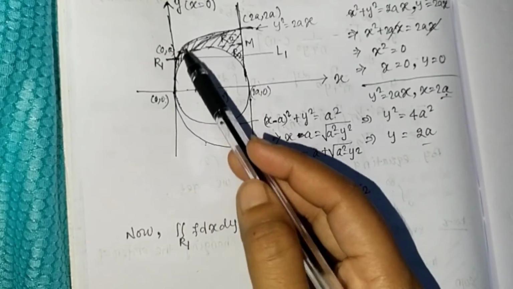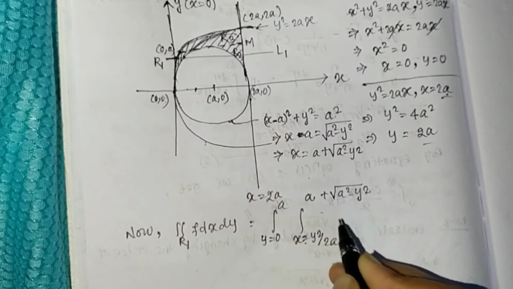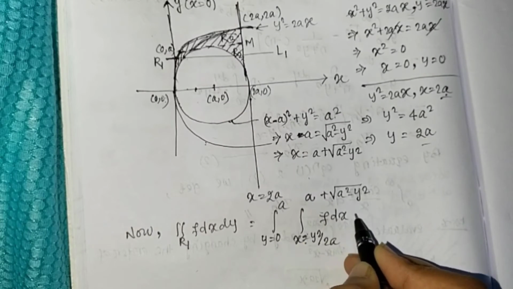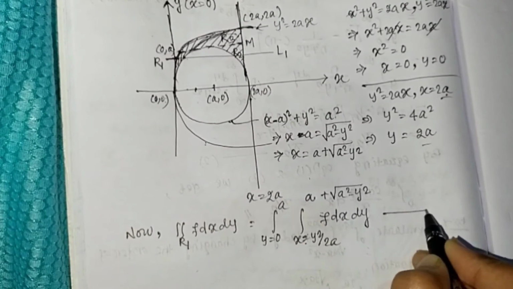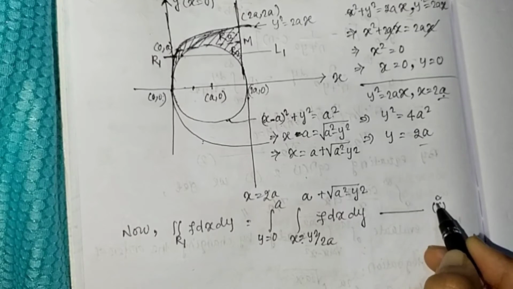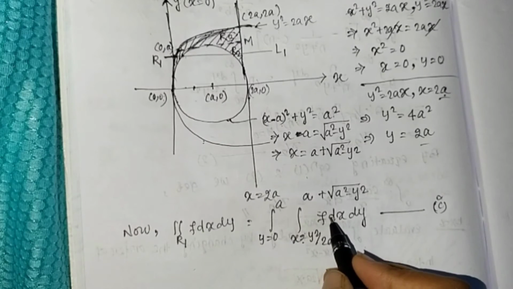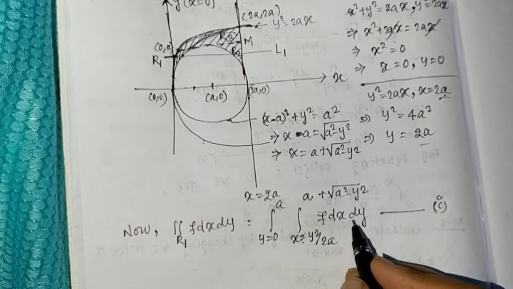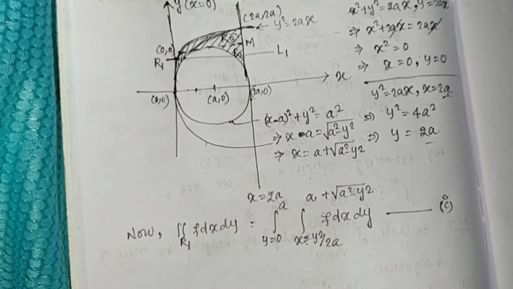So y is from 0 to a, and f dx dy. This is our equation 1. As the value of f is not given here, we conclude only with that.